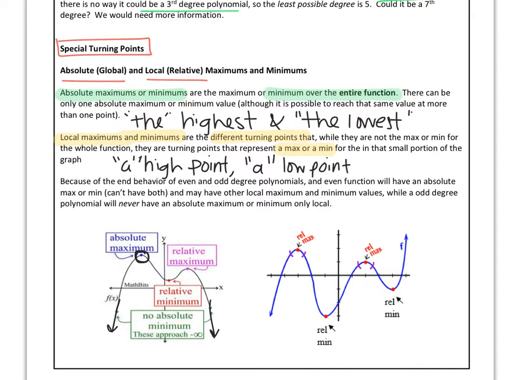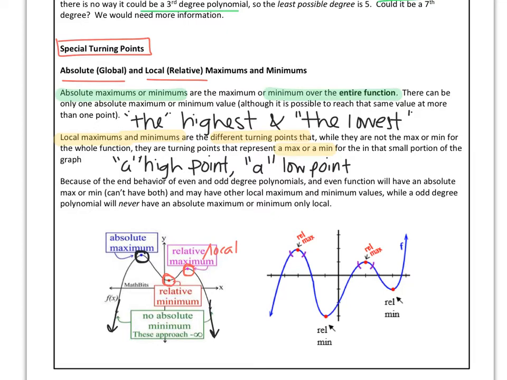And so for these pictures here, we have a relative or local minimum, because it's a low point, but it's not the lowest, because remember there was no lowest point ever because it goes to negative infinity. And this is a relative or, again, local maximum because it's a high point, but not the highest. And you can see that on the other picture as well.